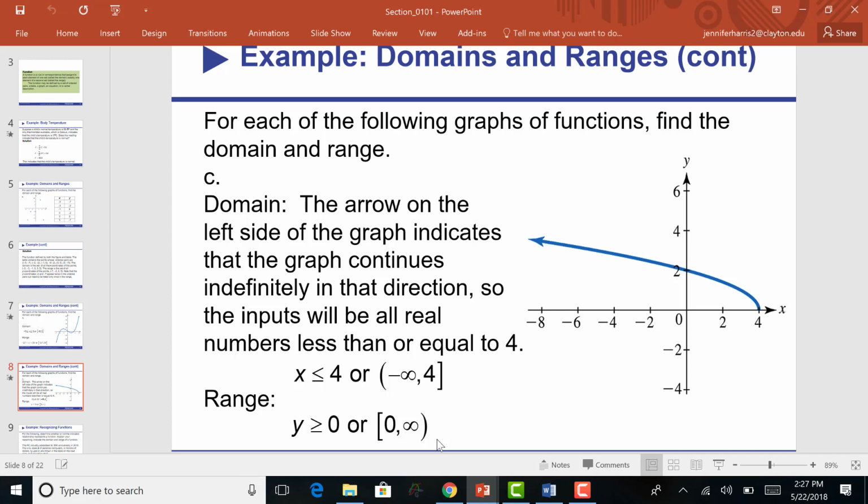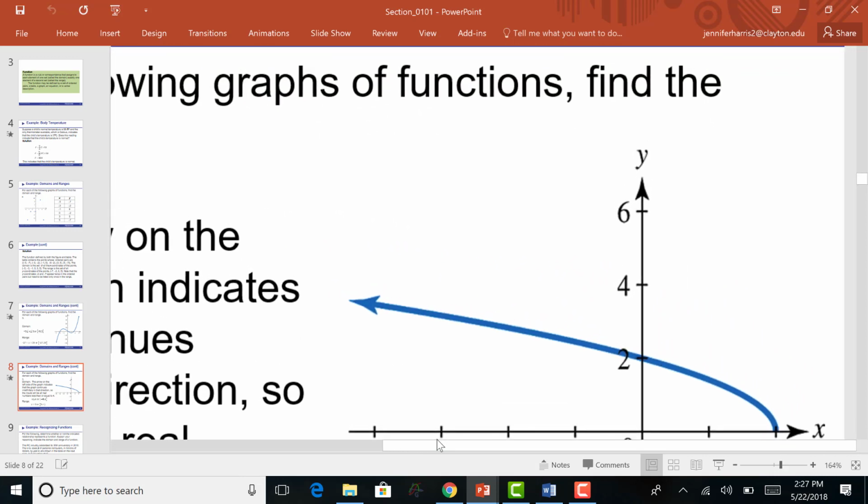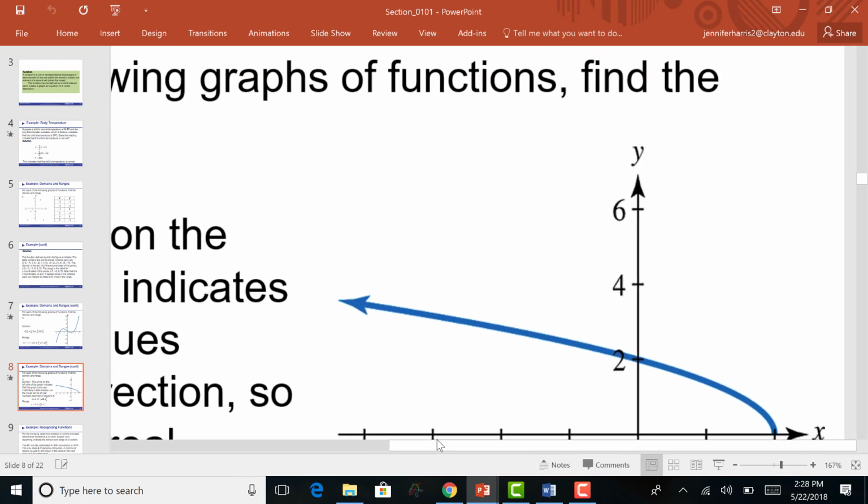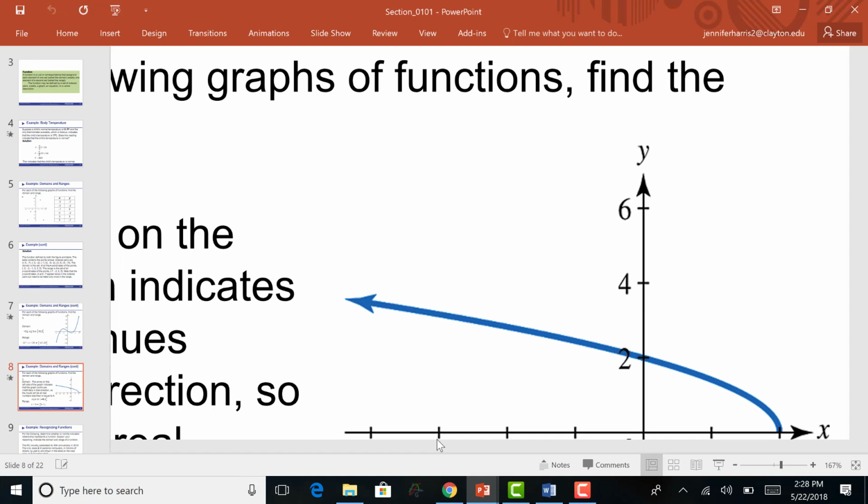What do we have left to do? Now which way do you want me to look? Vertically. Where's the bottom of that graph, the blue part? Look this way, not this way, because you were tempted to go this way. Look vertically along the y-axis.